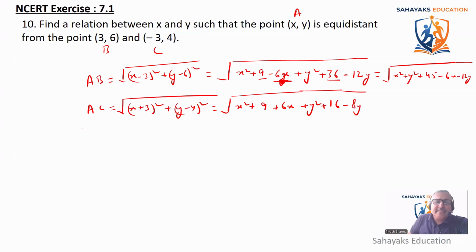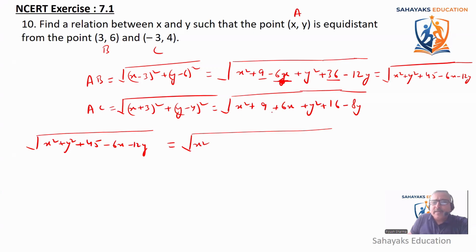Okay. Now we know AC is equal to AB. When AC is equal to AB, let's equate it. So it becomes, inside the square root, x square plus y square plus 45 minus 6x minus 12y is equal to square root of x square plus y square plus 6x minus 8y plus 16 plus 9 is 25.